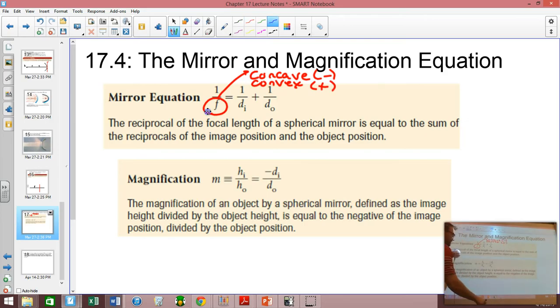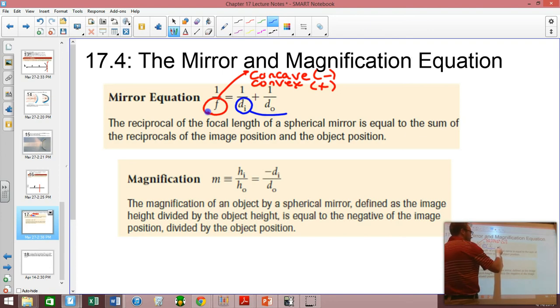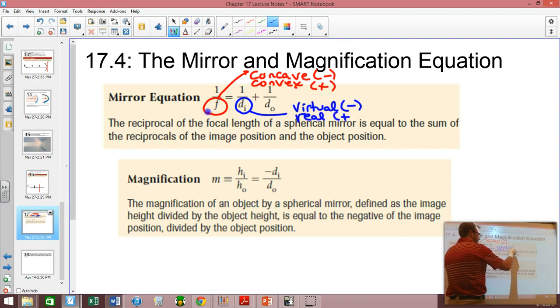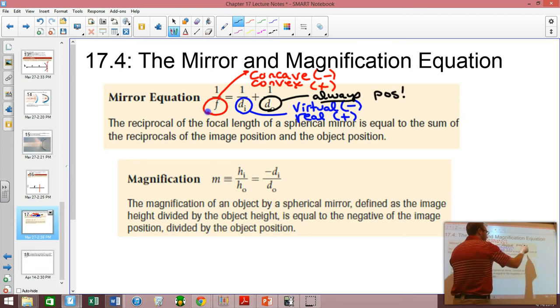The distance to your image, di, is negative if it's a virtual image, and positive if it's a real image. The distance to your object is always going to be positive.